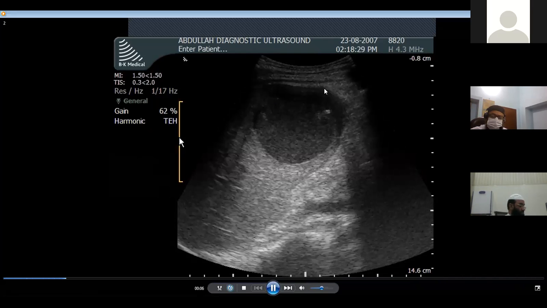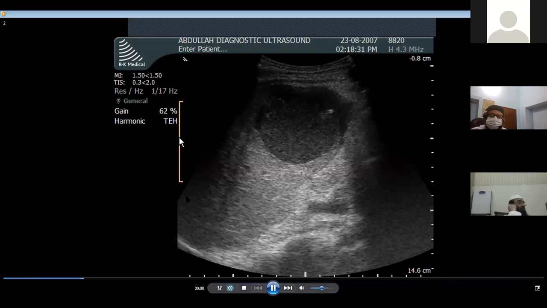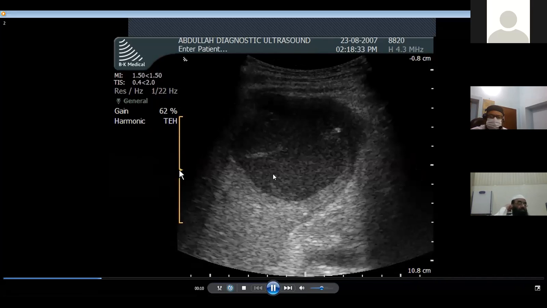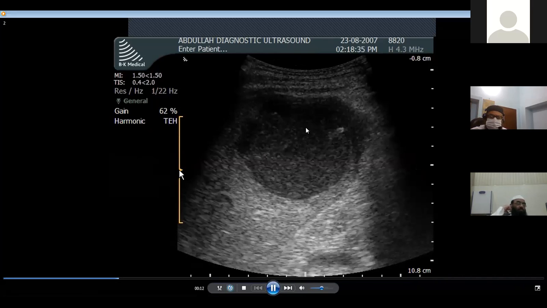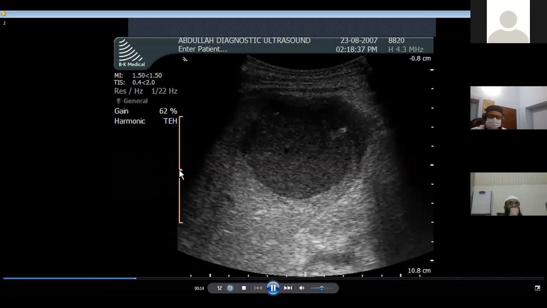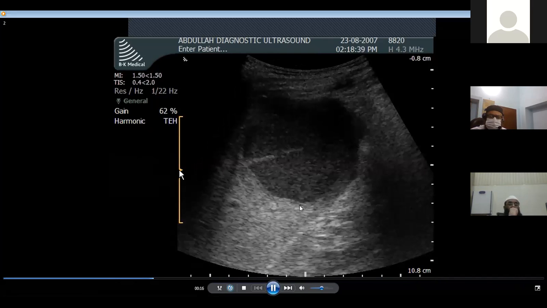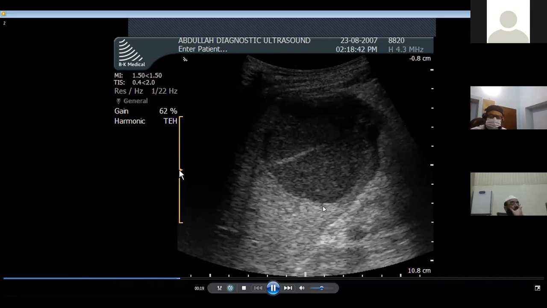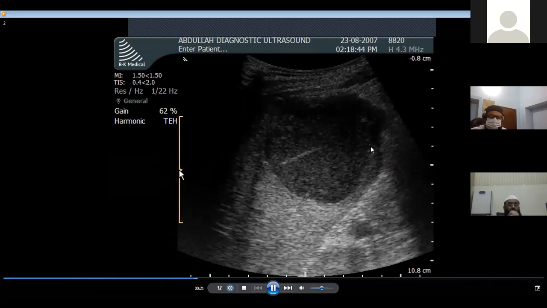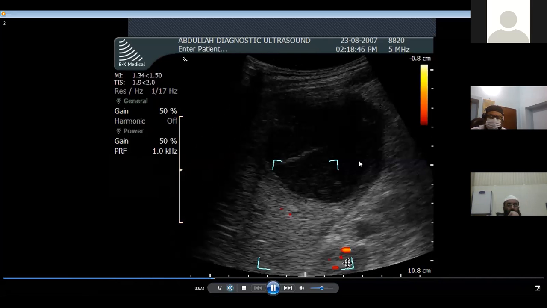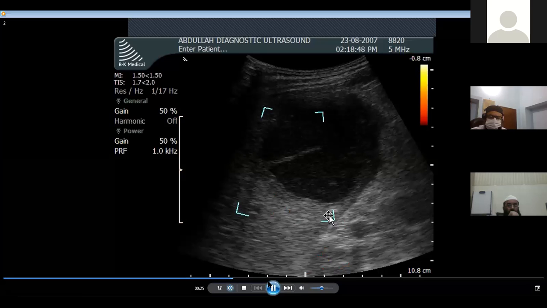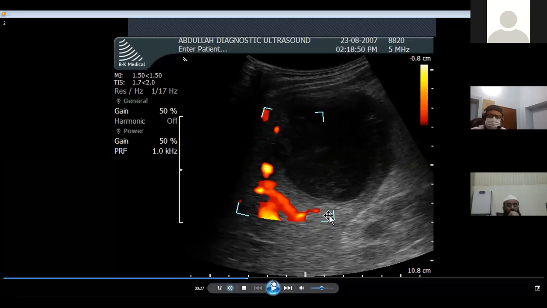This is a space occupying lesion in the liver, and inside you see a lot of debris. And there is a feature of ultrasound called posterior wall enhancement, the bright posterior wall of any cystic mass. You can appreciate this collection, and posteriorly, the wall and the parenchyma, all is very bright.